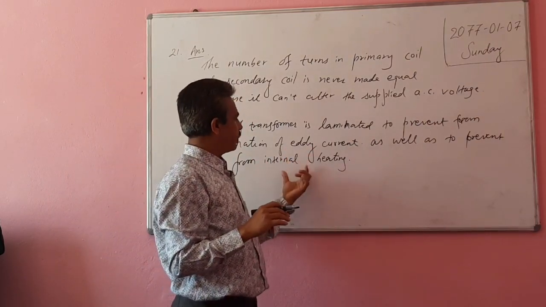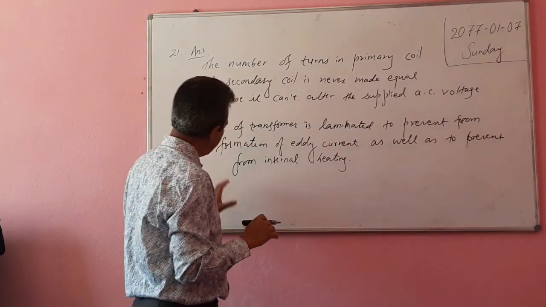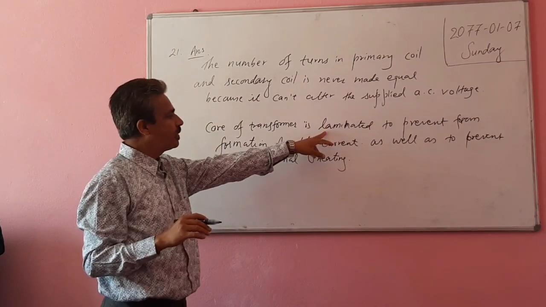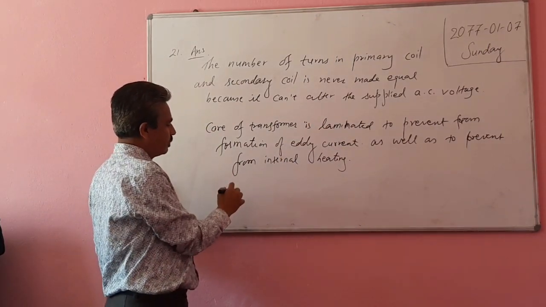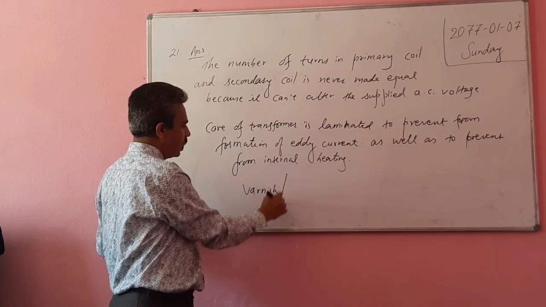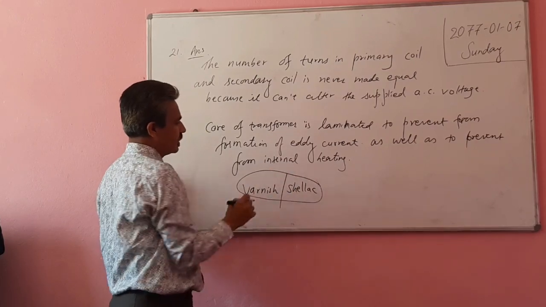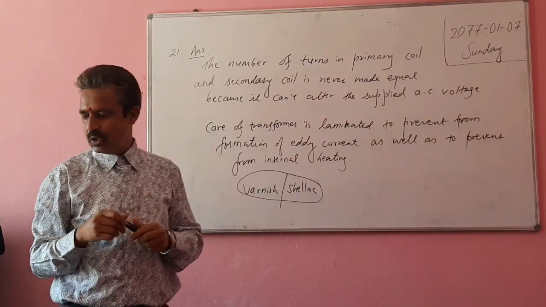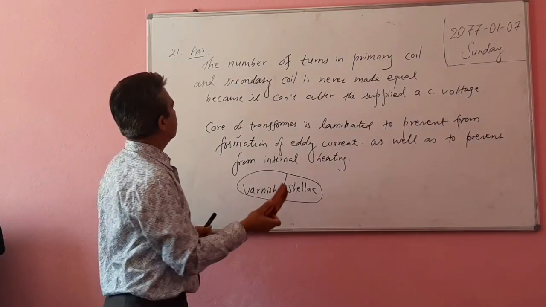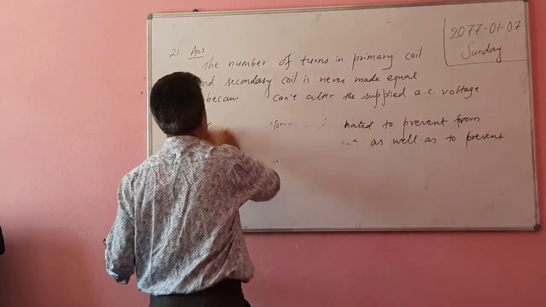That's why, to prevent internal heating and the formation of eddy current, the core of a transformer is laminated, covered by using varnish or shellac. Okay, remember this is the substance used to laminate or cover the core. Still one more part is left. Let me solve that one.